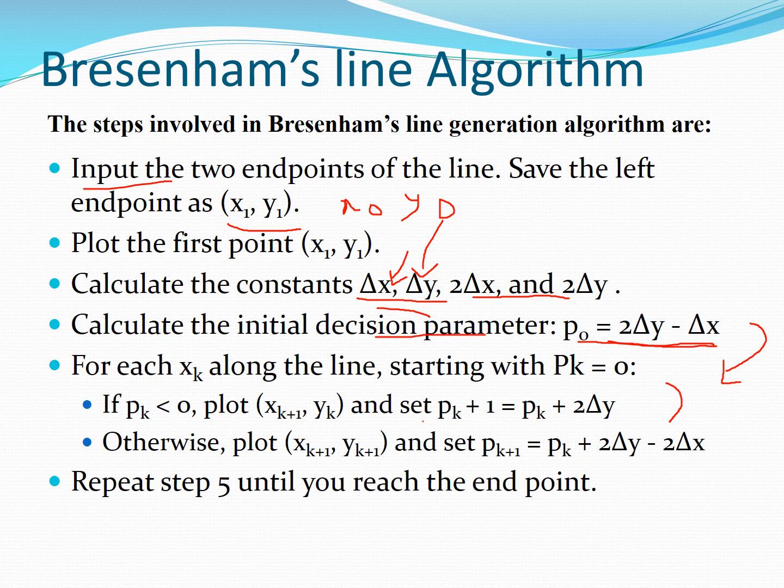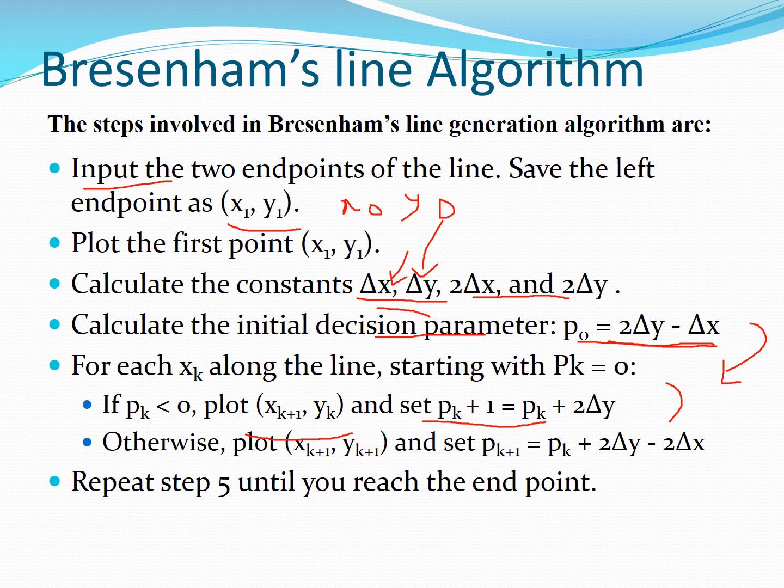If Pk is negative, we increment the x coordinate by 1, and y is taken as the initial or previous value. To calculate the next Pk value, we use the formula Pk+1 equals Pk plus 2 delta y.